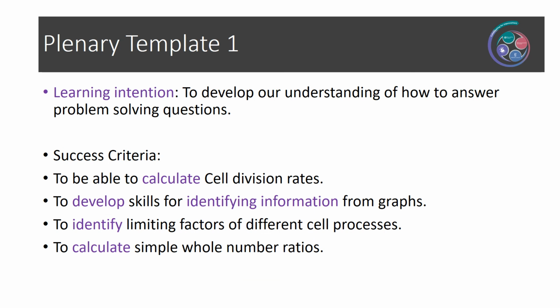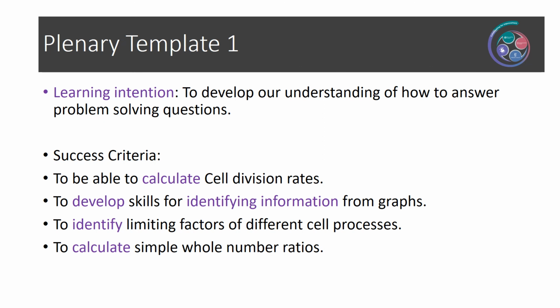Okay, so this takes us to the end of this lesson. So our learning intention at the start of this lesson was to develop an understanding of how to answer problem-solving questions. You should now be able to, using your success criteria, calculate cell division rates, so looking at mitosis and how our cells divide.